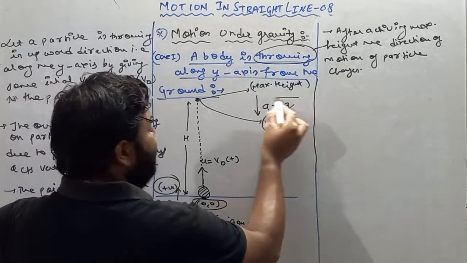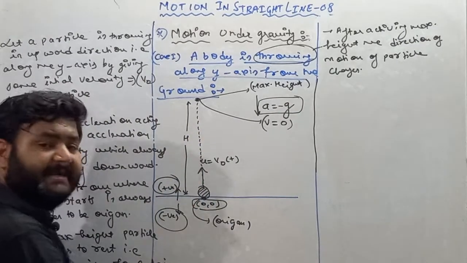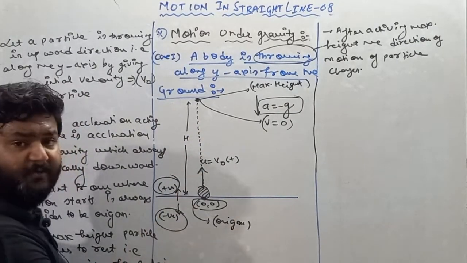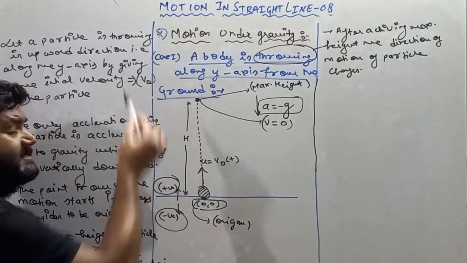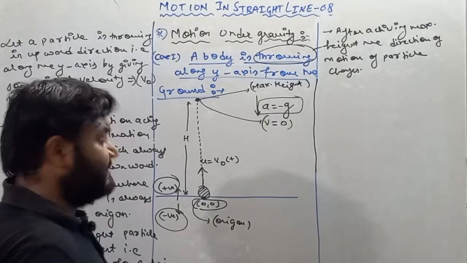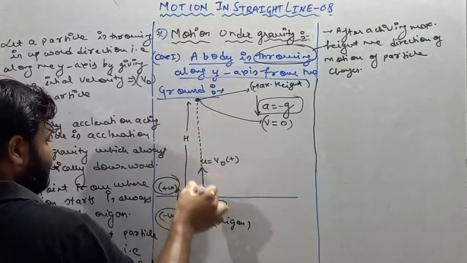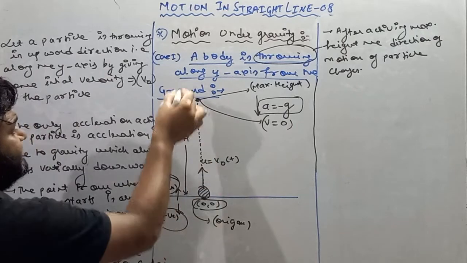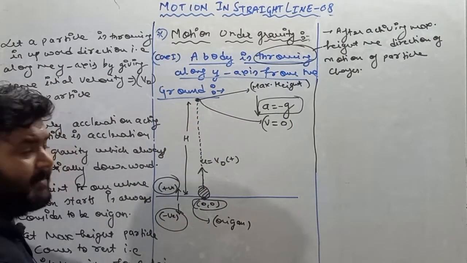That's why we'll take acceleration due to gravity to be minus g, because this is along the negative y-axis. And initial velocity is considered positive because it is along the positive y-axis. So remember this thing, this vertical distance is called the maximum height.